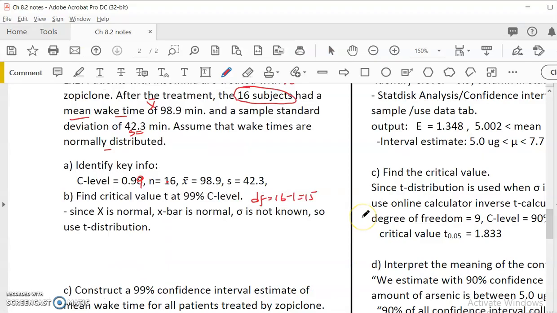So T is 2.947. Okay, so we use the T distribution, of course. We do not use Z. So T is 2.947. Degree of freedom is equal to 15.